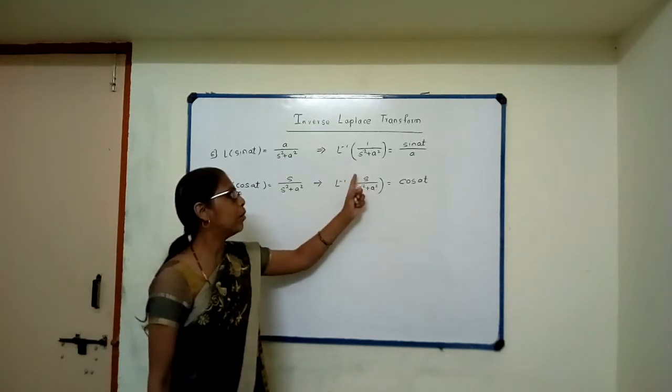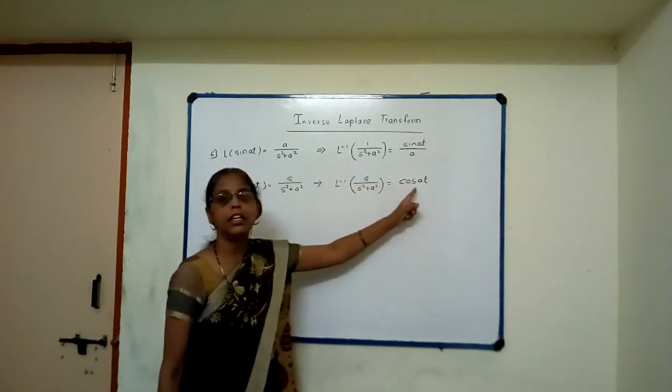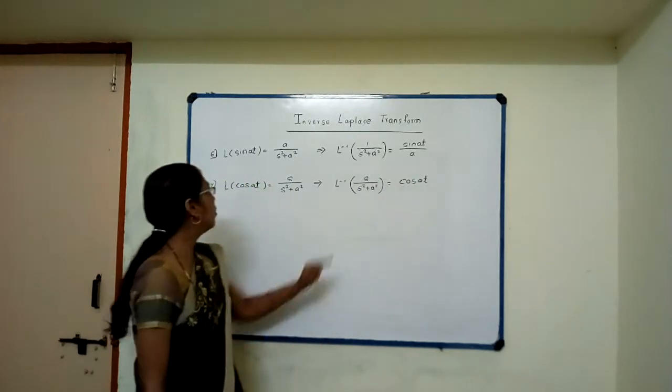So Laplace inverse of s upon s square plus a square is cos at. That is formula number 7.